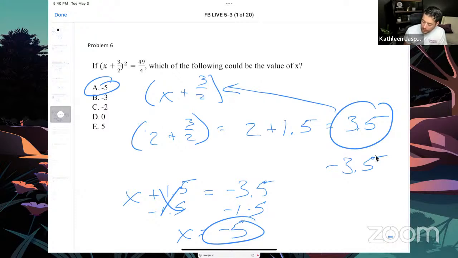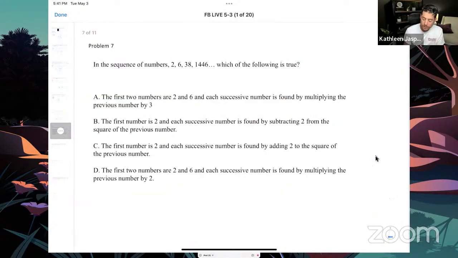And then when I square it, negative 3.5 times negative 3.5 gives me a positive value. Okay, I hope that made sense. And if you ever get a problem like this, which you may or may not, this was sent in from somebody, so I don't know if they got it or not, but that's what you have to look for when you get this squared value on the outside. Okay. All right, moving right along.